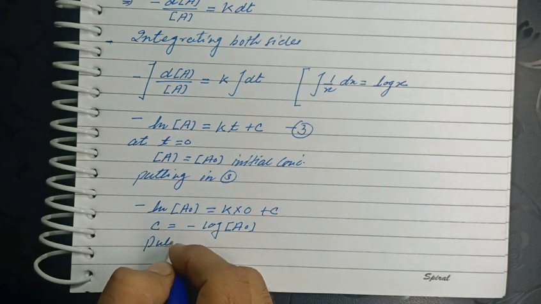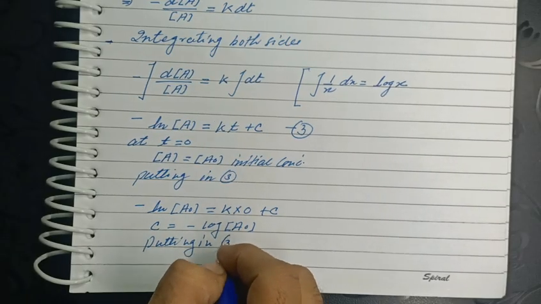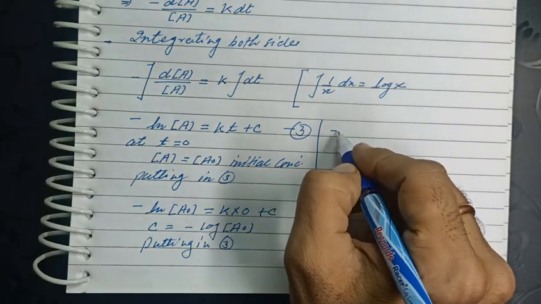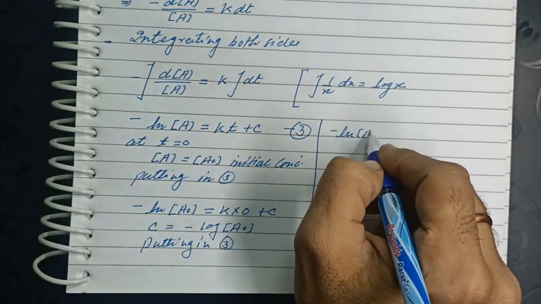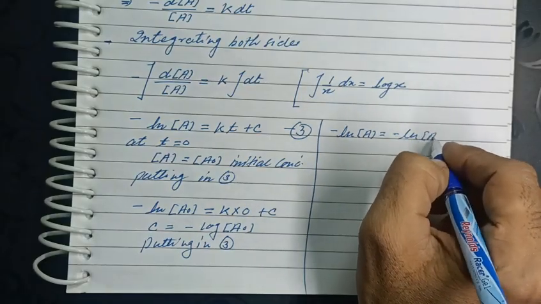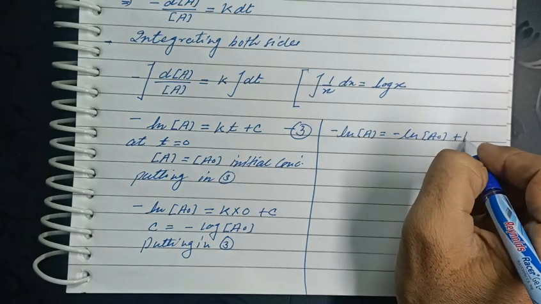Again putting in third, we get minus log natural A is equal to minus log natural A naught plus Kt.